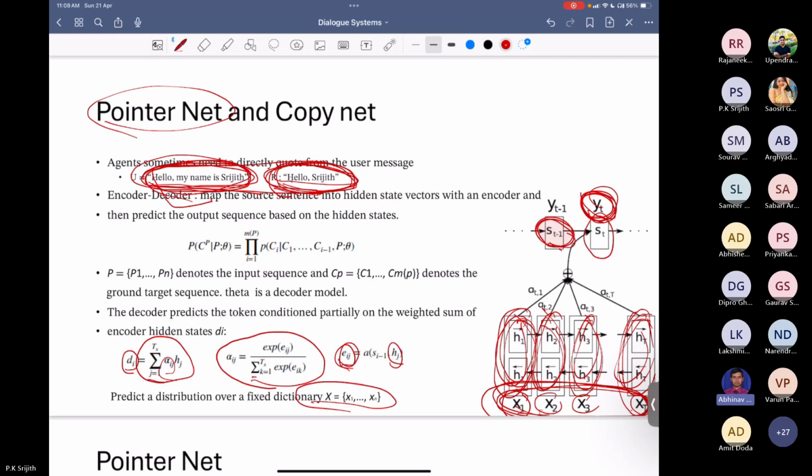We are finding the attention weights as you are showing. So it may happen that x3 or x4 have higher attention weights. So how will we form a meaningful response out of it? Because the attention weights may be in a different order.